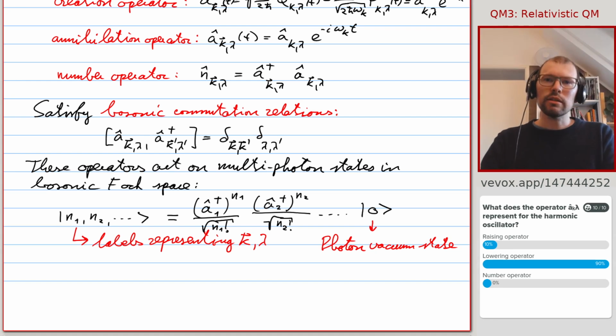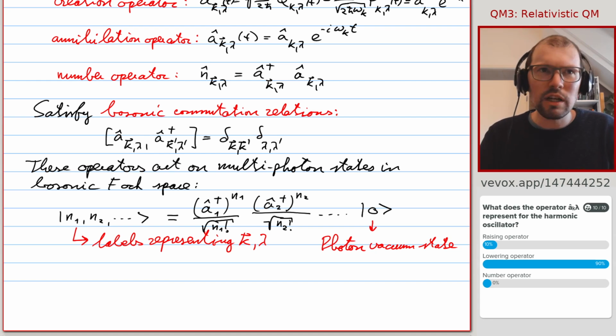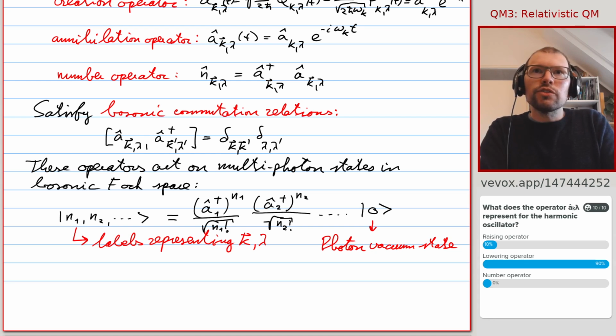Now we've taken a number of steps, rewriting the field in terms of Q's and P's and in these A's, and they're acting on this abstract Fock space. But we can go back. We can now ask, so our electromagnetic field represented in terms of our vector potential, that also has to become an operator, acting on these multi-photon states.